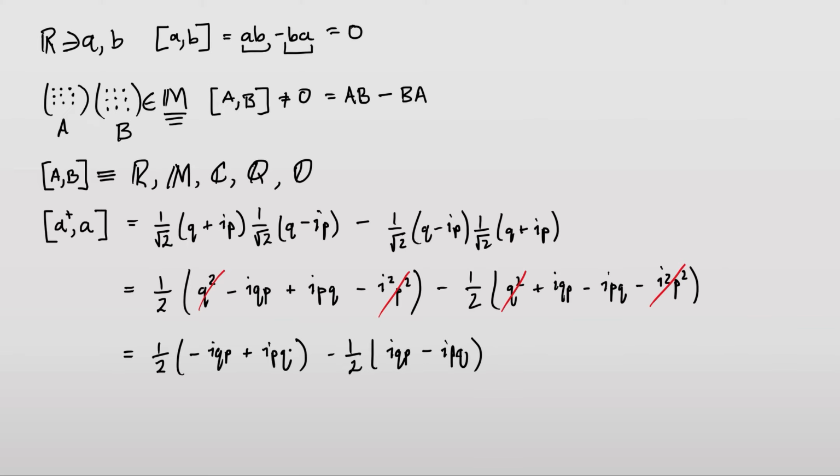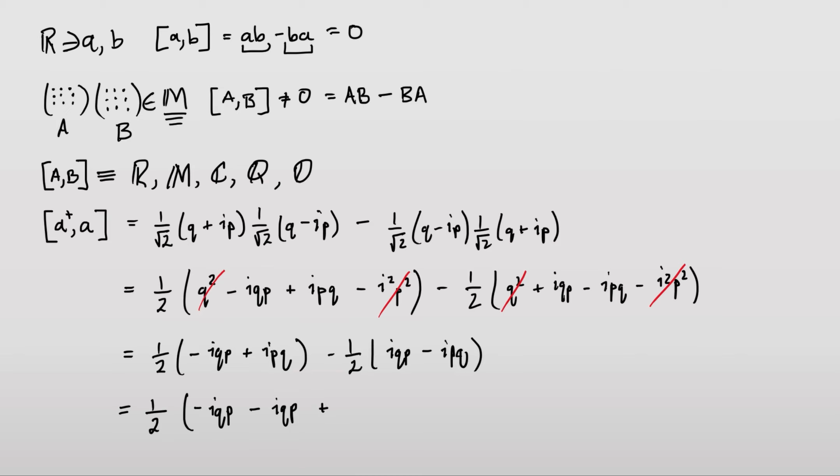All right. And then from here, we can actually see that this is 1/2, and this is going to be minus IQP, and then here's another IQP. So this is going to be minus IQP, keeping in consideration this subtraction sign right here.